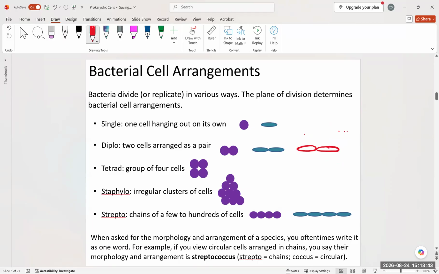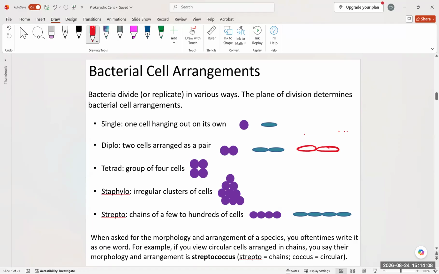So when you have two bacillus cells arranged that way due to their plane of division, we call that diplo. The next one we're going to talk about is tetrad. And this means four cells. It's a group of four cells arranged kind of like a square. You'll notice that you only see this with our coccus cells, and that's because of their symmetry.